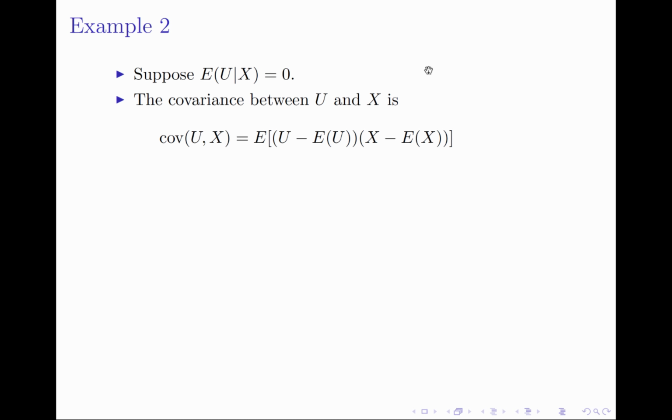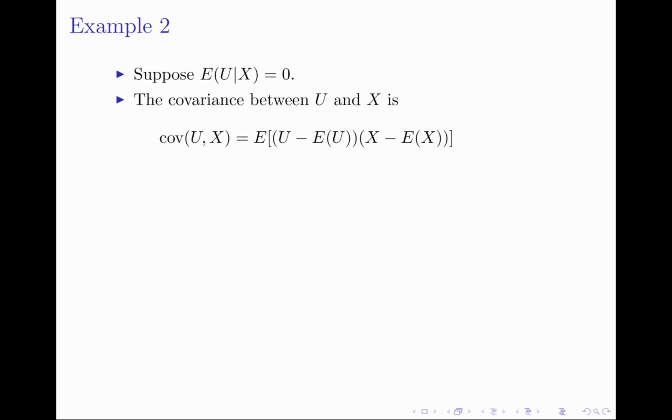All right, just to continue this, we've said example 2, but it's a continuation of the previous one. Let's continue to suppose that this conditional mean of u given x is equal to zero. Now let's think about the covariance between the u's and the x's. Covariance is at the heart of correlation.